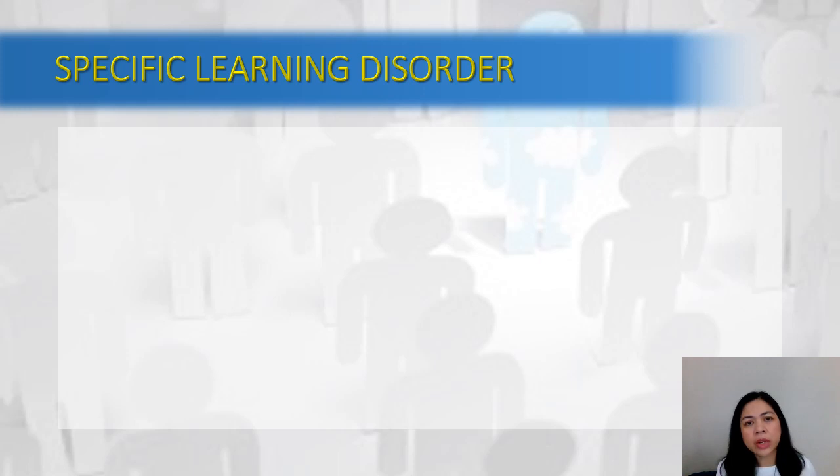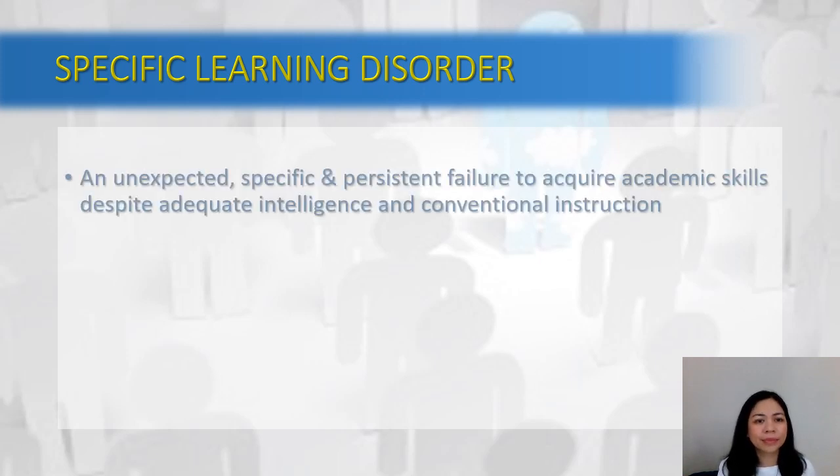We're talking here about the possible specific learning disorder. This is an unexpected, specific, and persistent failure to acquire academic skills despite having normal intelligence and conventional instruction.